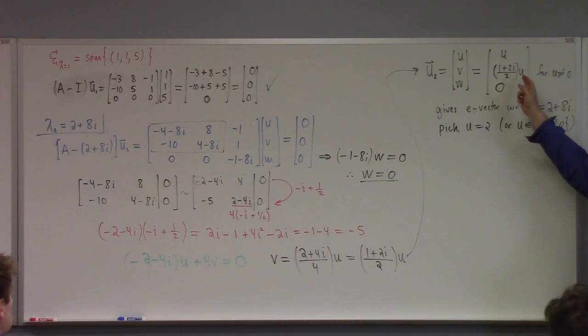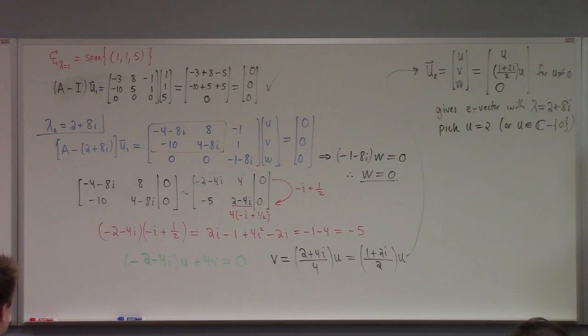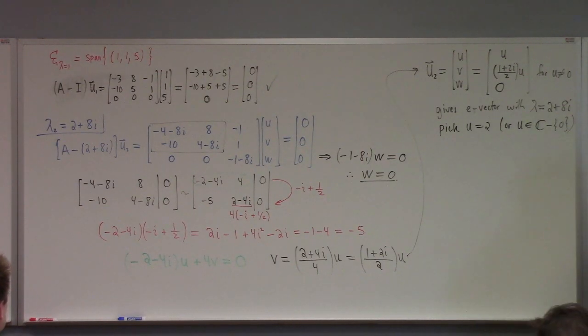Don't do this. Do u equals 2, please, for the sake of my... Well, I'm going to give you the points back when you talk to me after the test. But in the meantime, you'll be worried. You might be satisfied with yourself because you know you're right, and you basically did a mathematical prank on me by choosing something so absurd as u equals 3 plus 4i. But it would be much nicer just to pick u equal to 2 to have the answer that everybody else got.